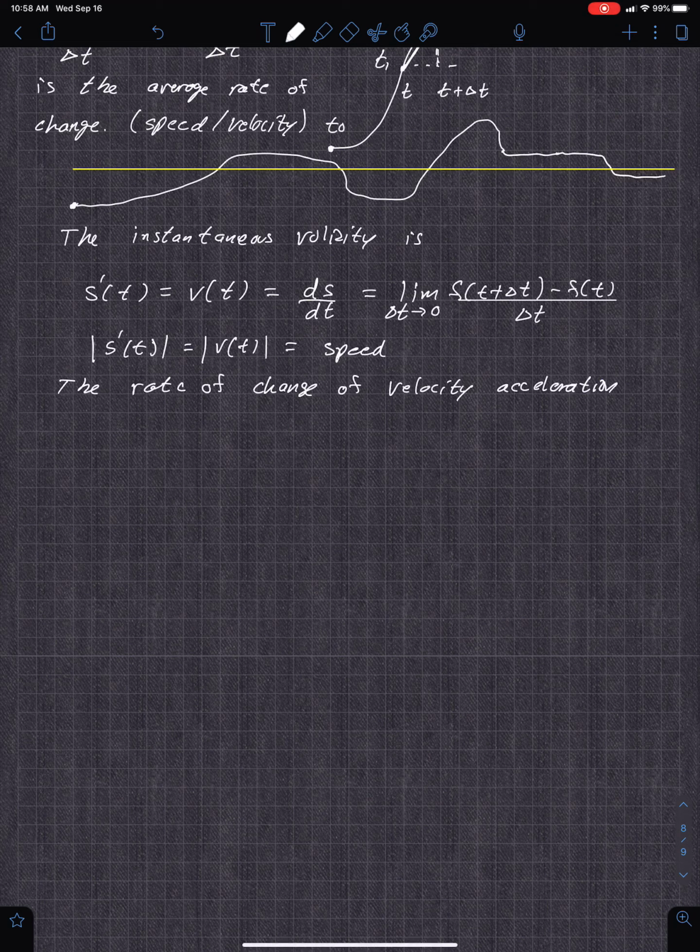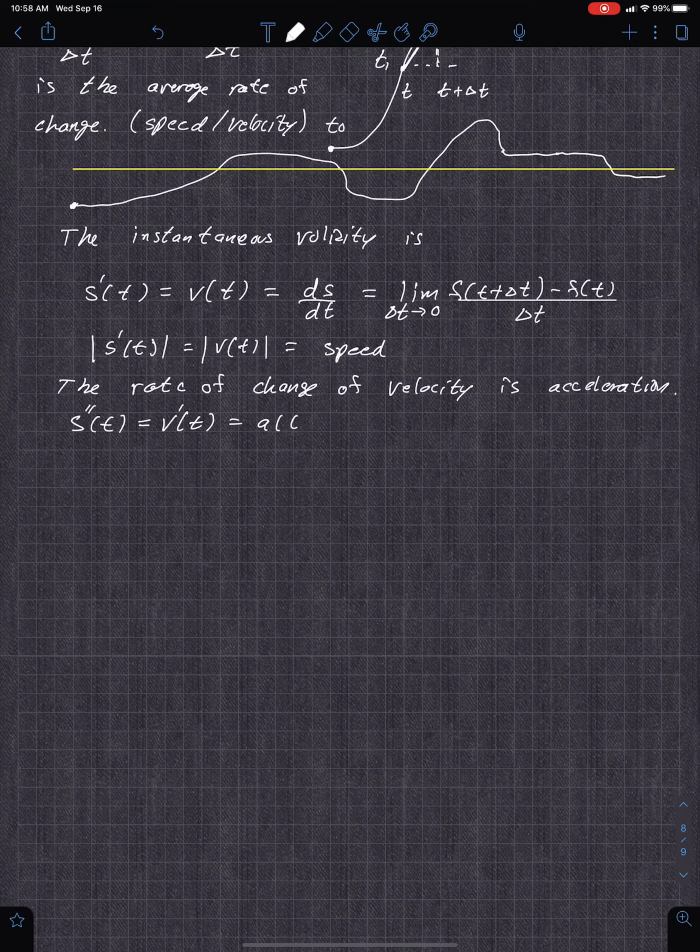I forgot the "is," didn't I? Okay, so when you do s double prime, so you take the prime again, and I have to get into multiple derivatives here, but thus the rate of change, or the derivative of velocity, that's acceleration.